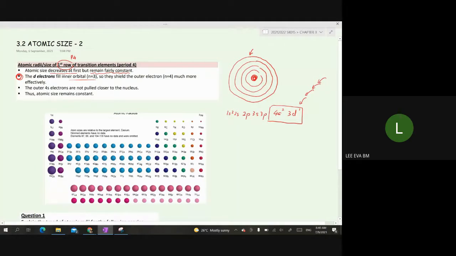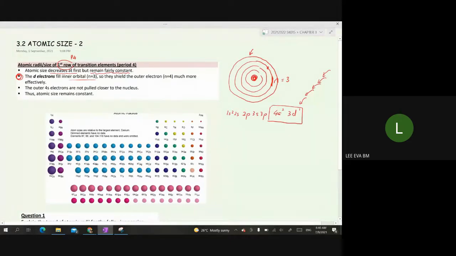So remember, madam told you before this by using a red pen and a black pen. Bila elektron masuk dekat D orbital, jadi energi dia akan kurang. Dan sepatutnya di 3D ni, dia adalah dekat n equals to 3. So when you keep on adding the electron into the 3D orbital, you are actually adding electrons inside the inner shell.